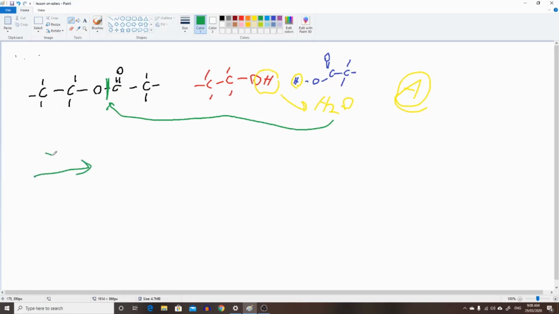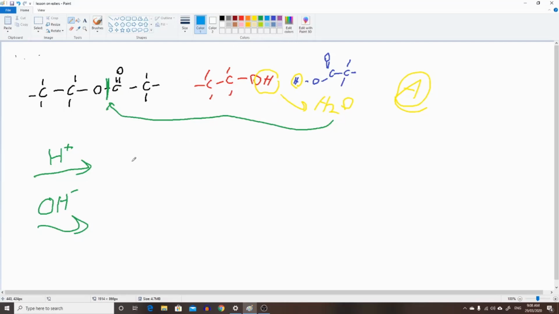You can do it in the presence of a strong acid, H plus, or you can do it in the presence of a base, OH minus. Now, the products are going to be different, and your ability to draw those products is critical.